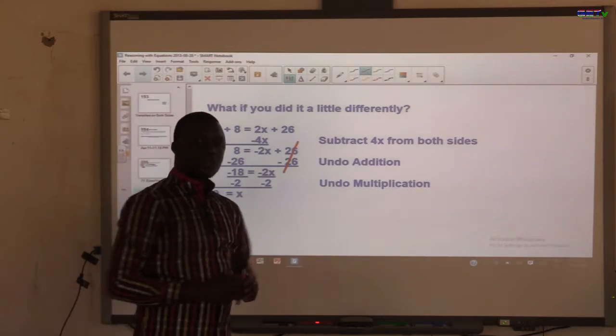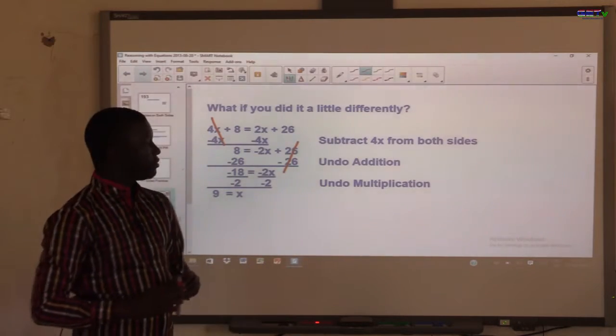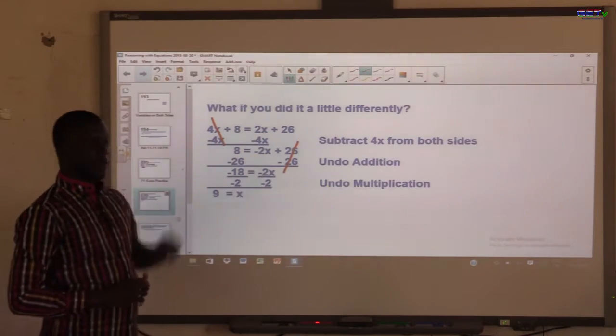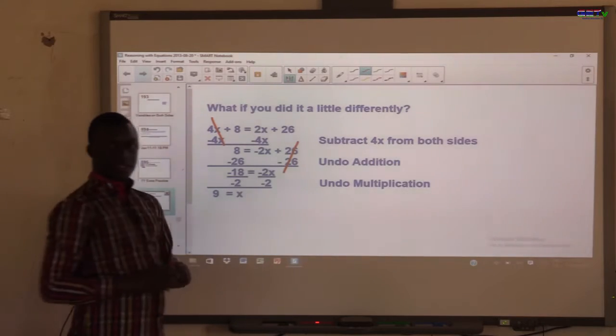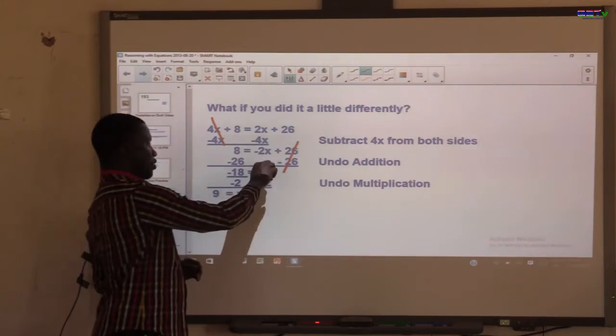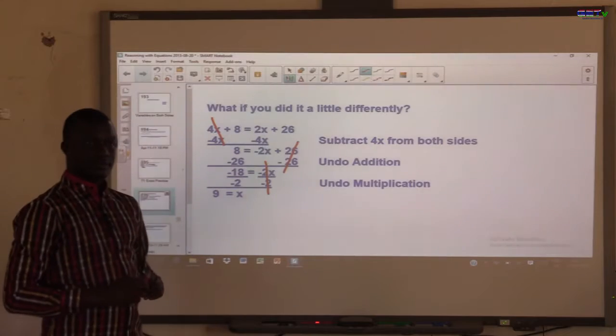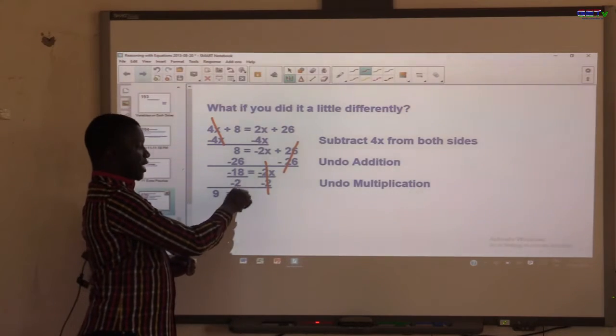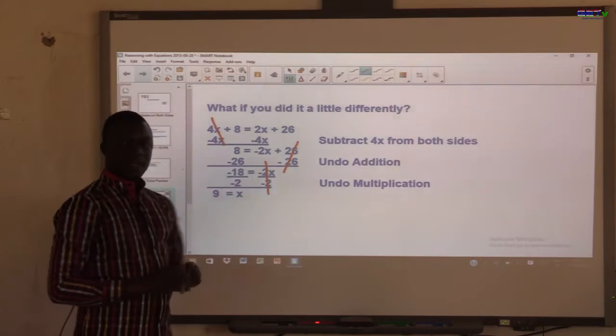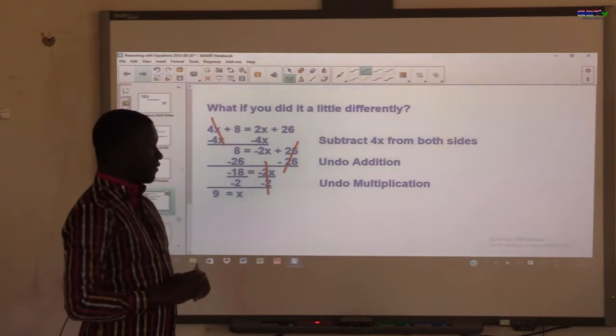In order for us to isolate our variable x here, we need to undo the multiplication. So we divide both sides by negative 2. In doing so, negative 2 cancels negative 2. And then negative 18 divided by negative 2. One thing we observe here is that both of them are negative numbers.